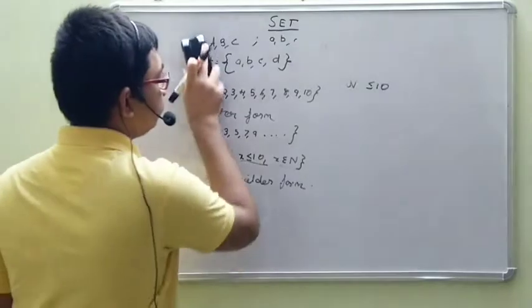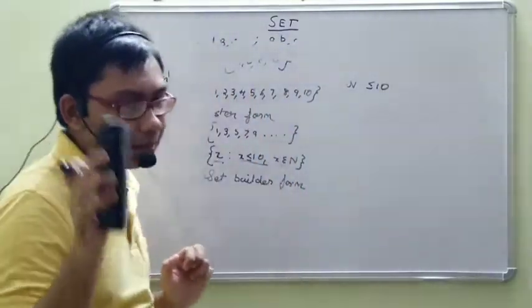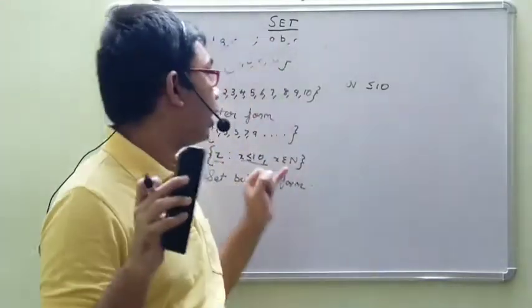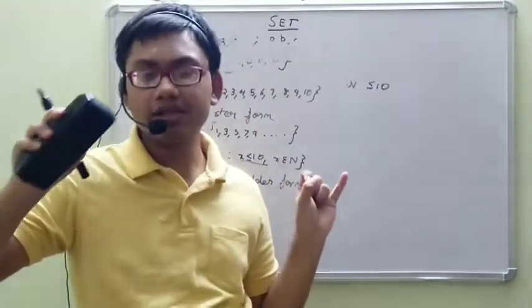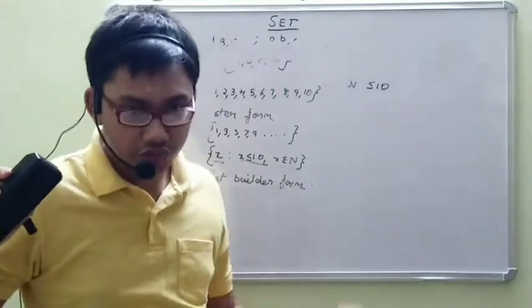Okay. That is, set names are given in capital letters and the elements in small letters, number 1. And there are 2 forms: listing out all the elements or giving some elements and putting dots is the roster form.